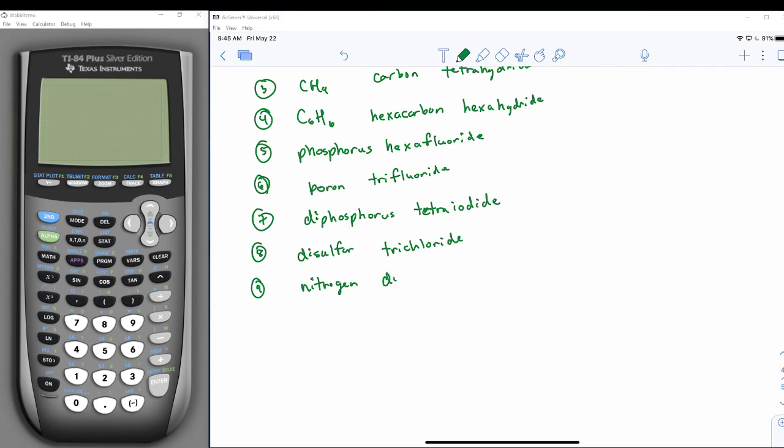Notice there's no mononitrogen. Nitrogen dioxide. Diphosphorus pentoxide.